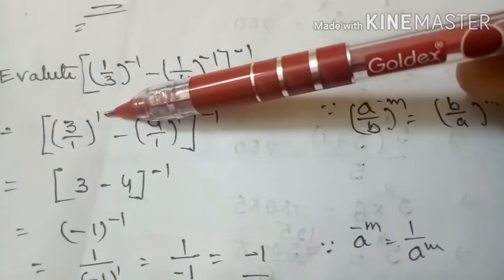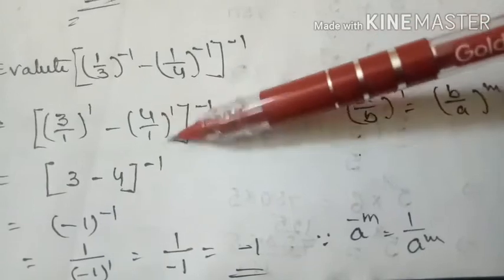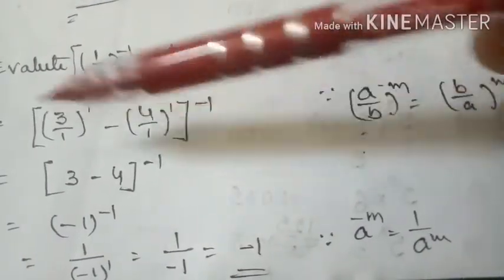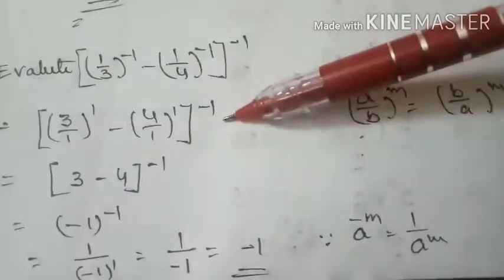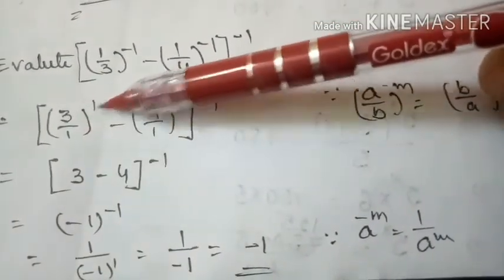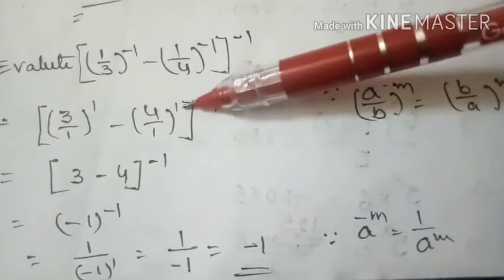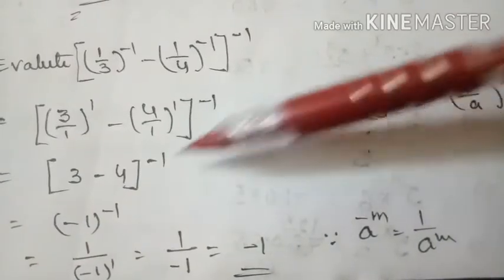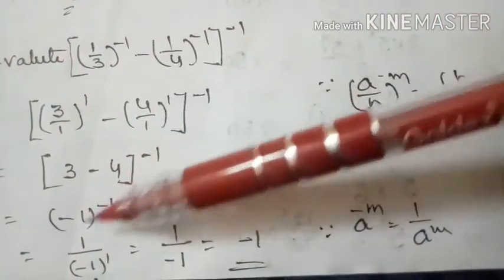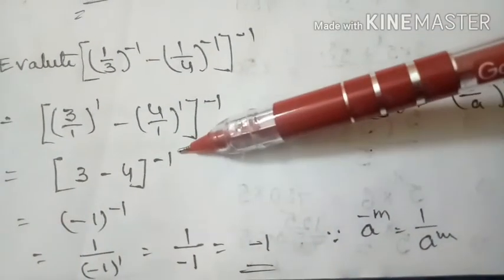Minus 1 by 4 becomes 4 by 1 whole to the power of positive 1. Total whole to the power of minus 1. Next, 3 by 1 means 3 to the power of 1 is 3 only, minus 4 to the power of 1 is 4 only, whole to the power of minus 1. Next 3 minus 4 is equal to minus 1 whole to the power of minus 1.